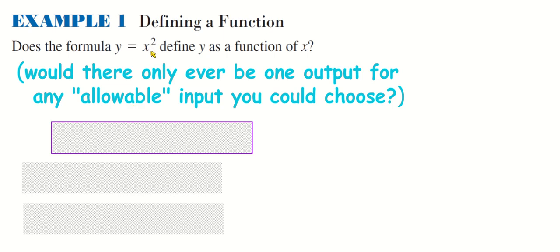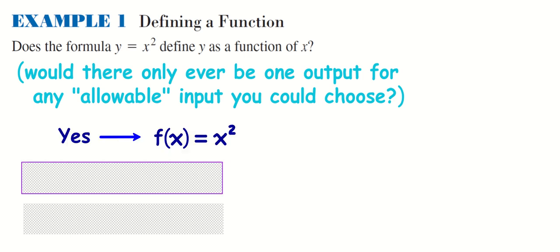Sometimes anything could be an input value, but sometimes that gets restricted a little bit based on what's going on in the equation. So that's why it says, for every allowable input, could there ever potentially be more than one output for a particular input?